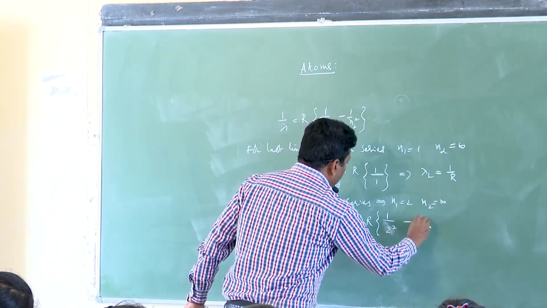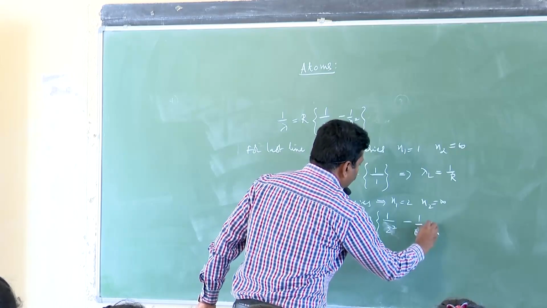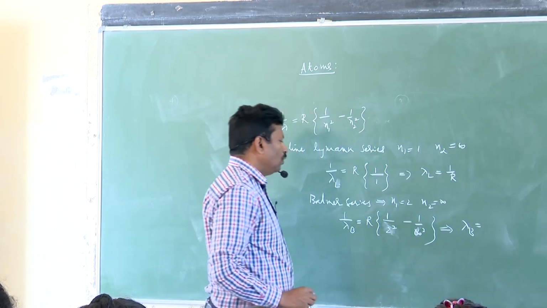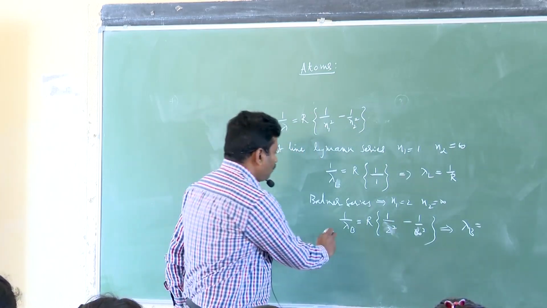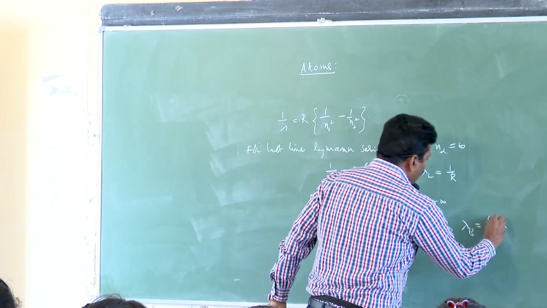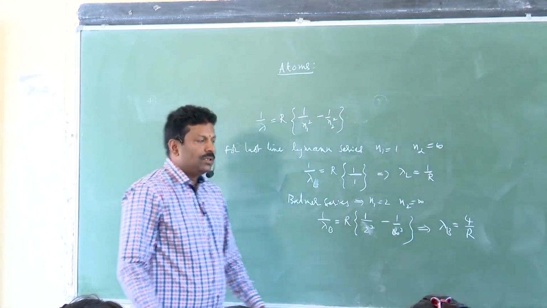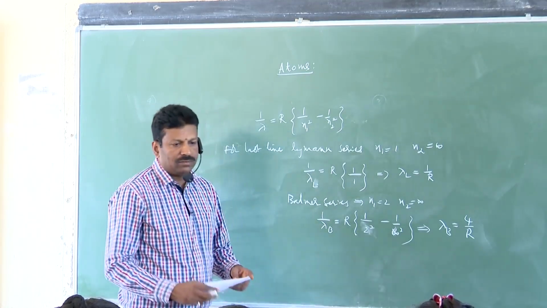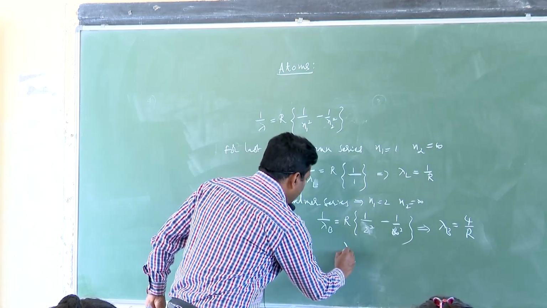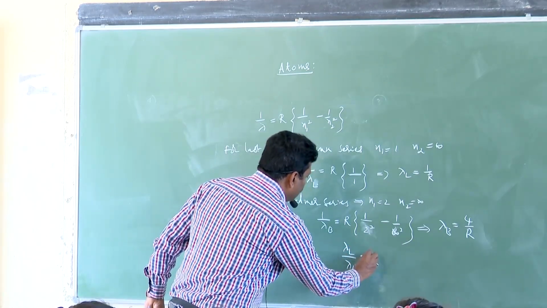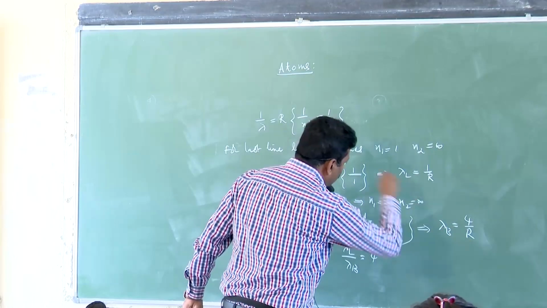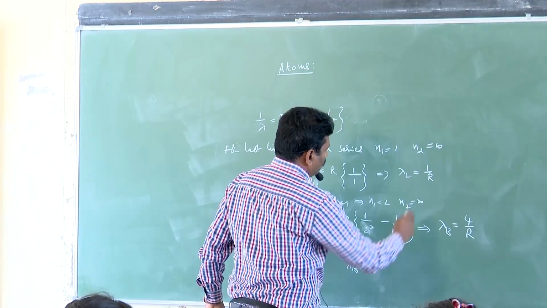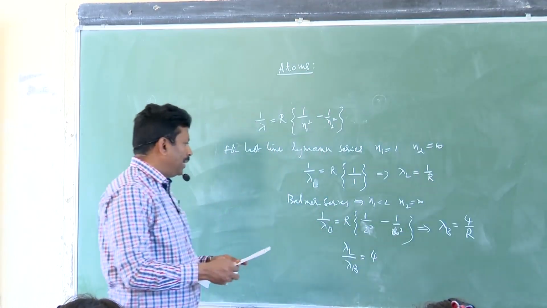So therefore 2 square by infinity squared. So lambda B is equal to 4 by R, right? Therefore lambda L by lambda B: 1 by R over 4 by R, so the ratio is 1 is to 4.